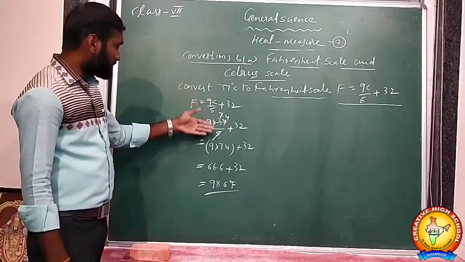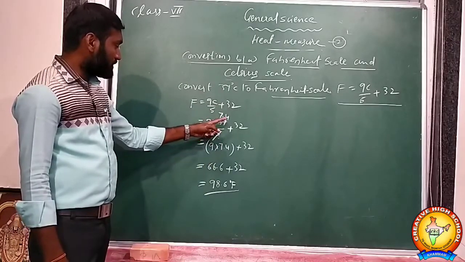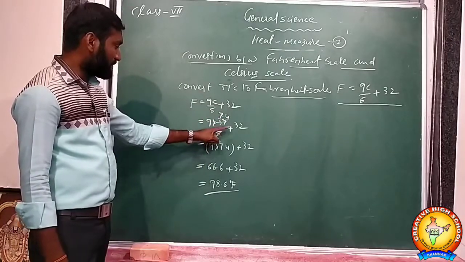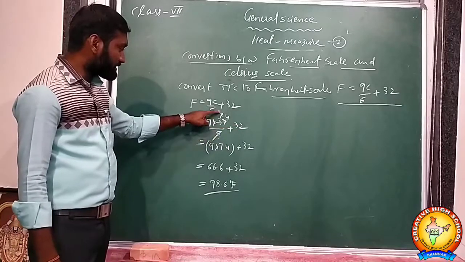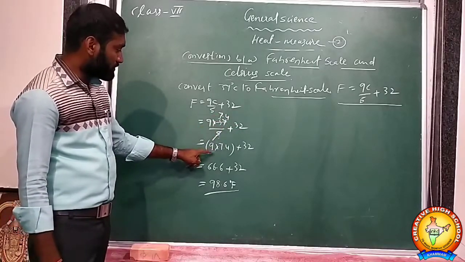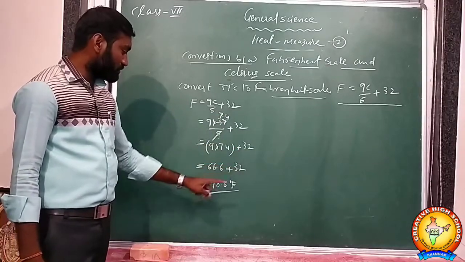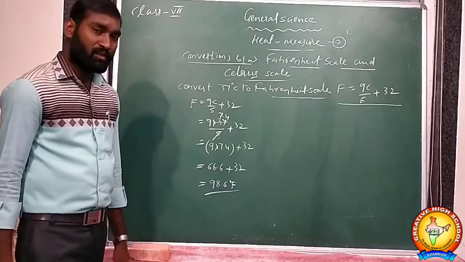So 9C by 5 plus 32 is 9 into 37 by 5 plus 32. 5 ones are 5, 5 sevens are 35, giving 7.4. So 9 into 7.4 plus 32 is 66.6 plus 32, which is 98.6 degrees Fahrenheit.